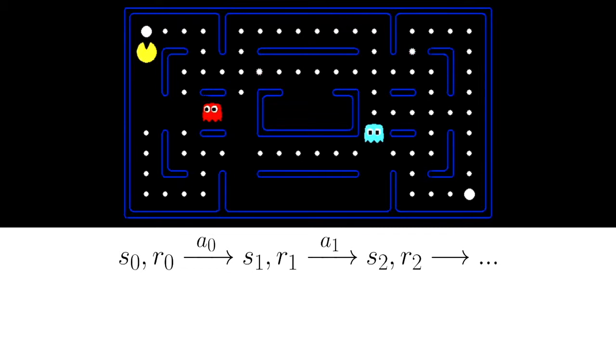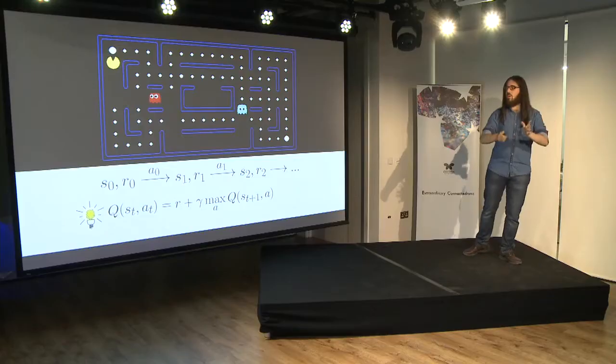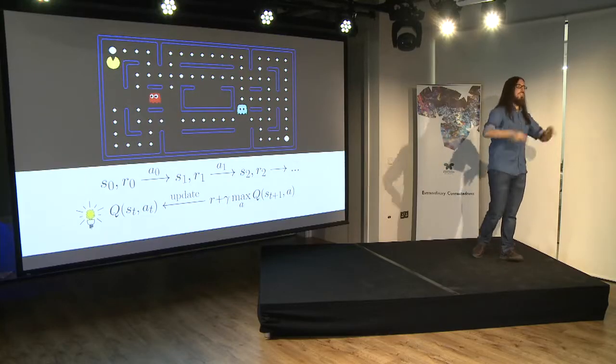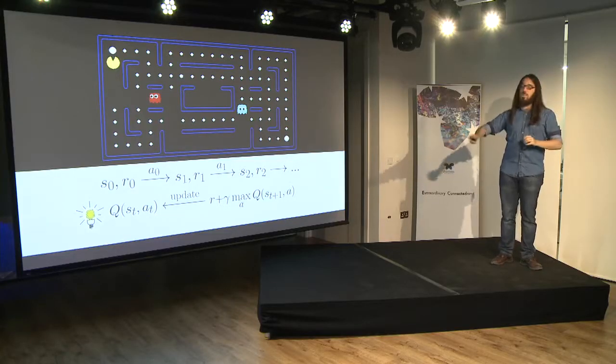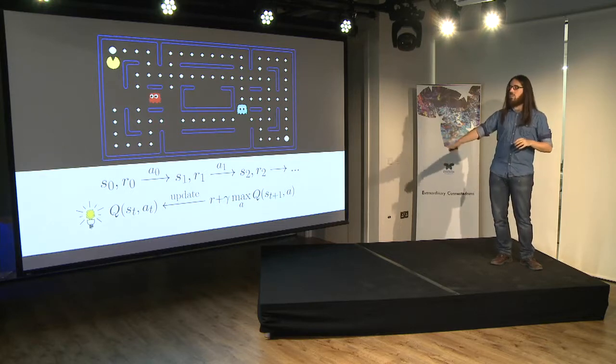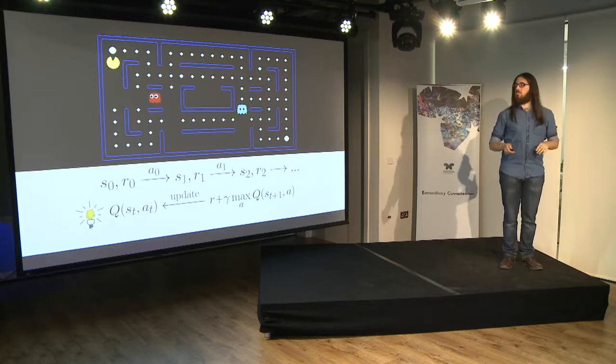So you go through this trajectory of a bunch of states and a bunch of actions. Then, if you remember our really important equation with the light bulb, training the system is very easy. You just make this update, and you're basically done. If you're a bit more technical, then you have to approximate this function, and of course, I'm only telling you a very, very partial story, but that's basically it. Then once you know this, you can just run the whole thing and see your Pac-Man go in.